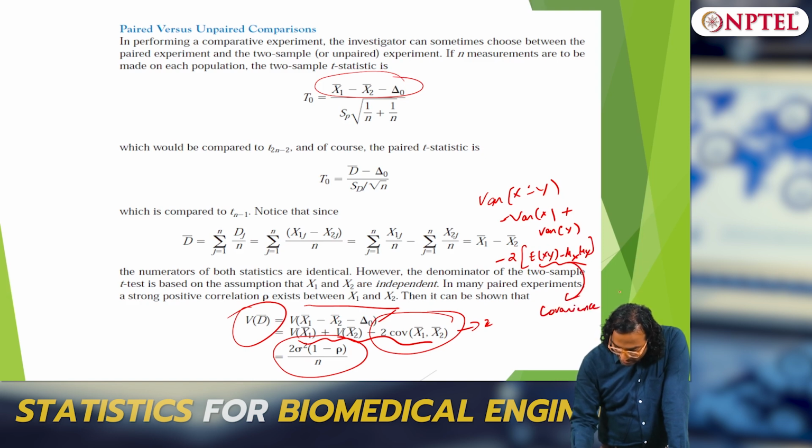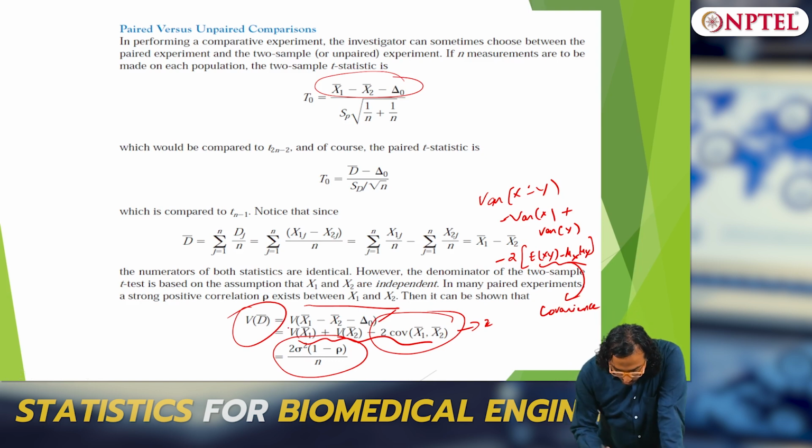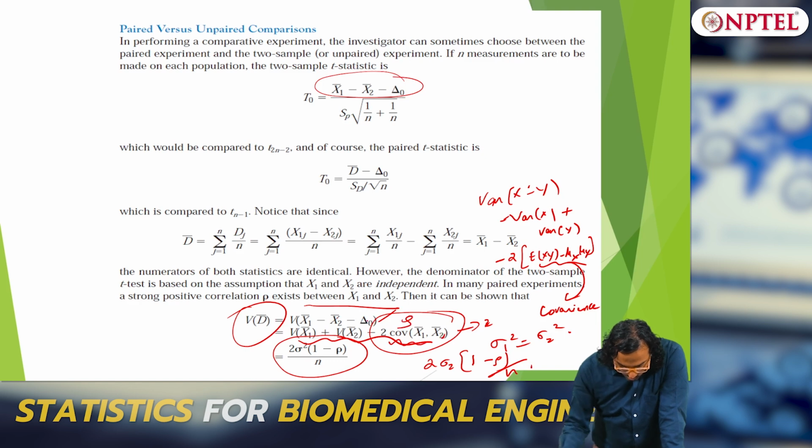We will talk about this in detail today. So now if the variances are equal, then I have 2 sigma squared into (1 minus rho) by n, where rho is the correlation.